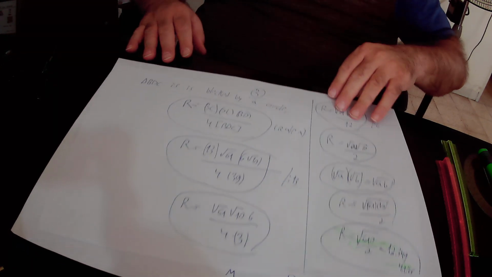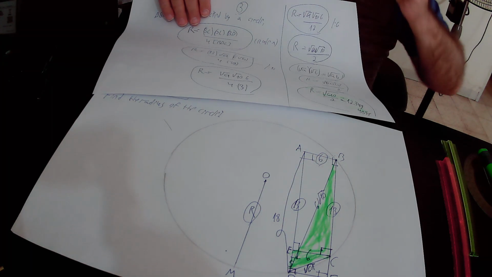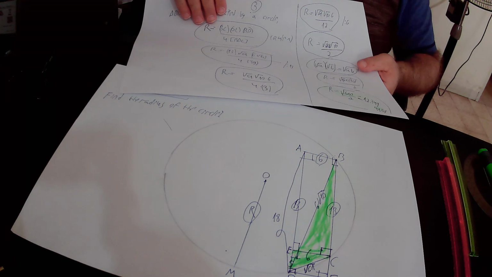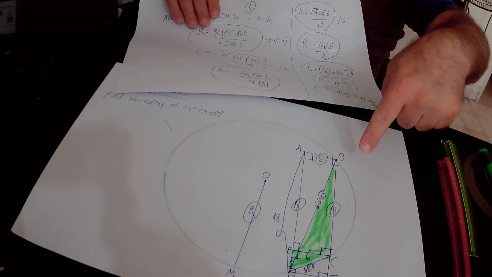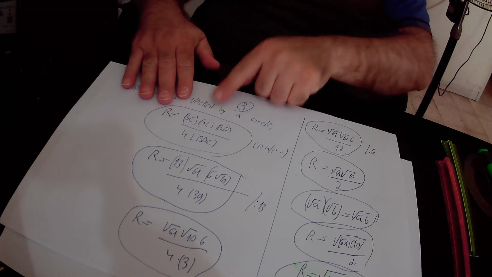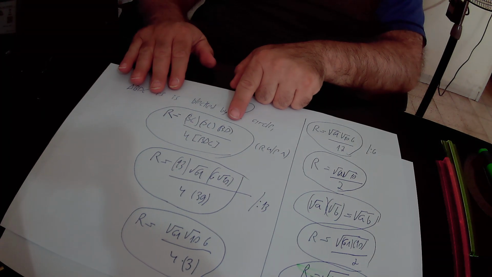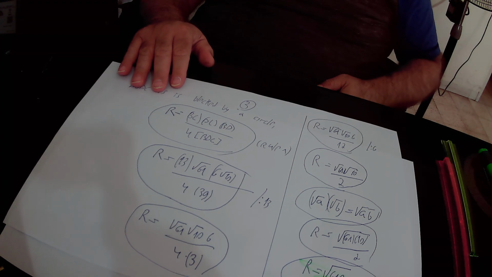According to rule number 1, the radius of this circle that we defined as capital R will equal the multiplication of the side lengths of the green triangle, that is to say BC times CD times DB, over 4 times the area of the green triangle BDC.